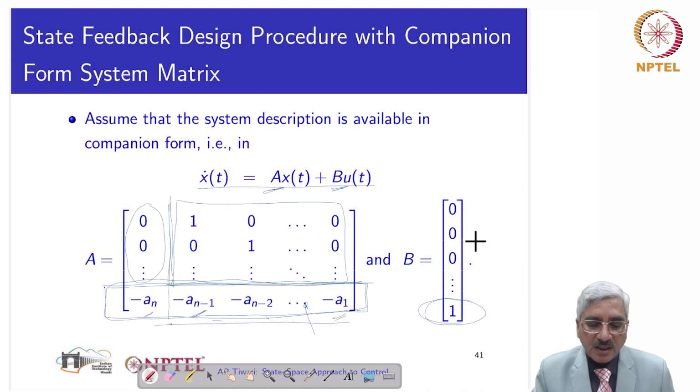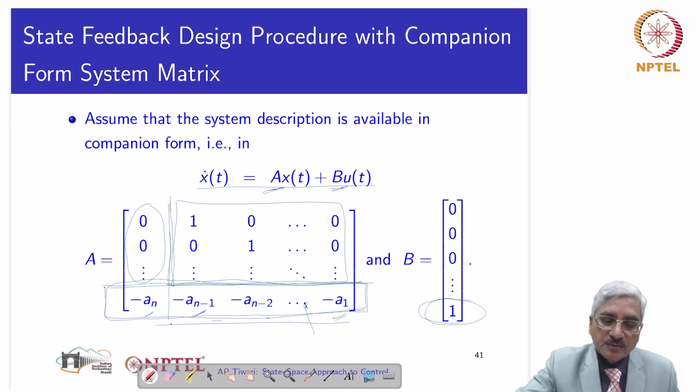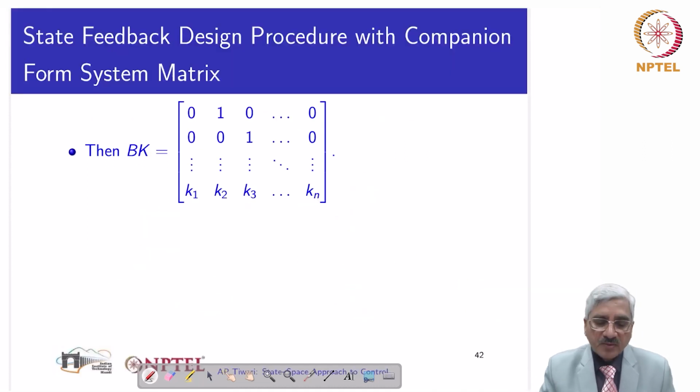Now if the system design is available in companion form, then the control design task is very easy, because when we look at B times K, we see that because B is all zeros, the last one is 1, and K is K1, K2, etc. So when we multiply, we get this.